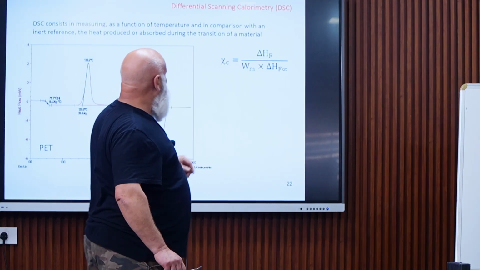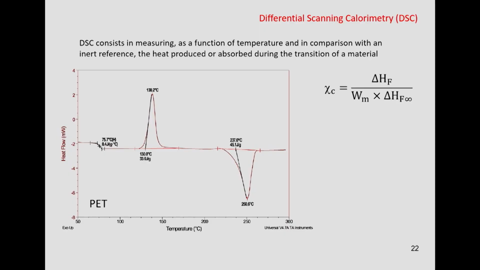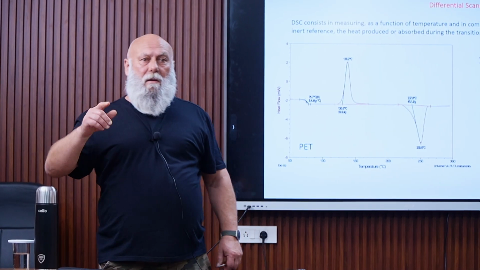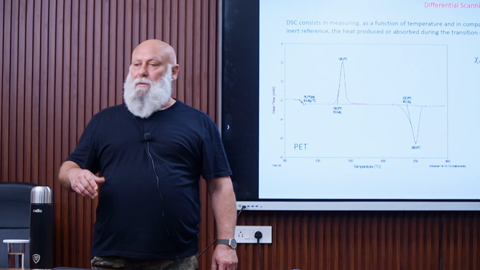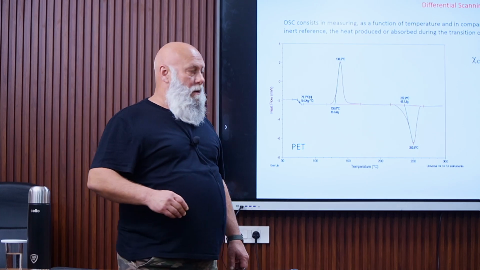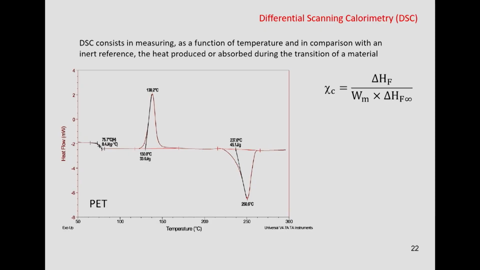Okay? For example, if you have 20% fibers, meaning 80% by weight of matrix, Wm will be 0.8. If you have 30% fibers, 70% matrix, Wm will be 0.7. Okay?